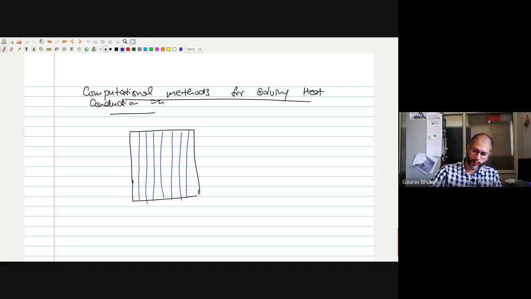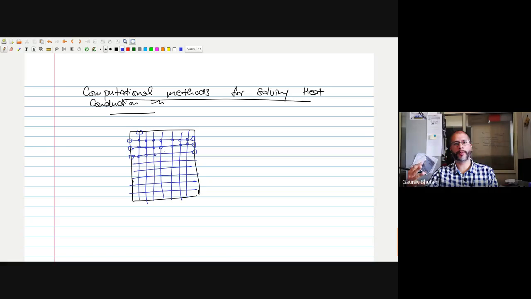So we create a mesh, and these grid points are the points on which we will calculate the value of theta. Of course, on the boundary points, the value of theta is known as the boundary condition. So we say we will be satisfied if we can find the value of theta on these discrete points in the grids of the mesh.